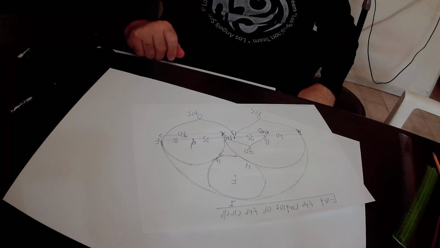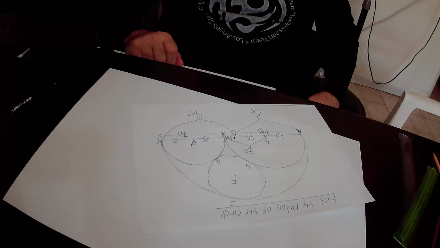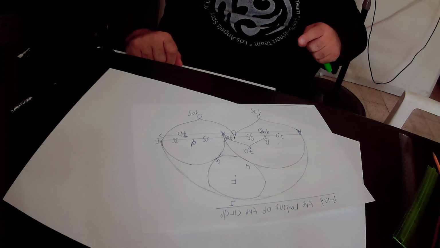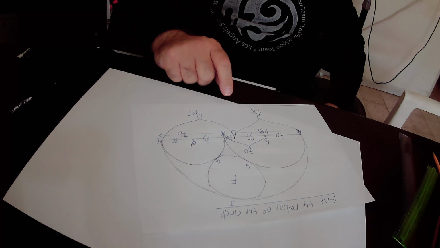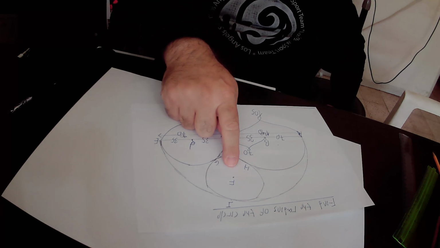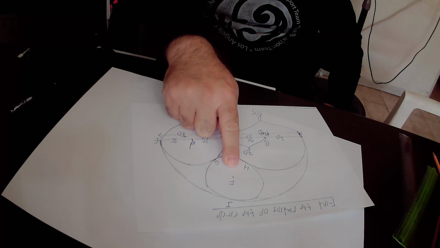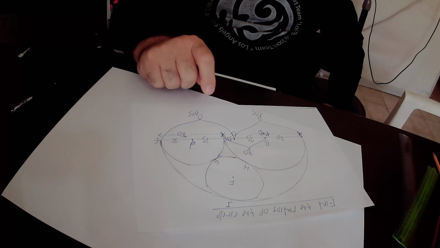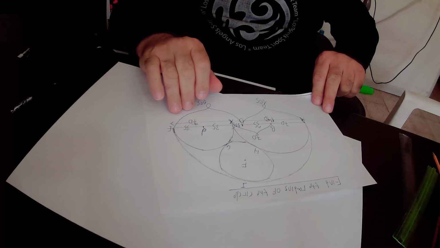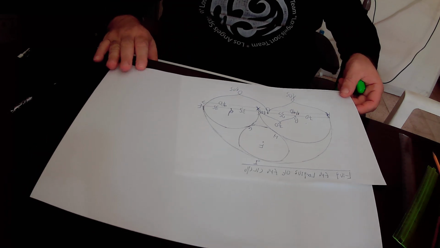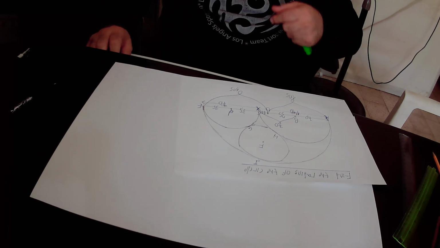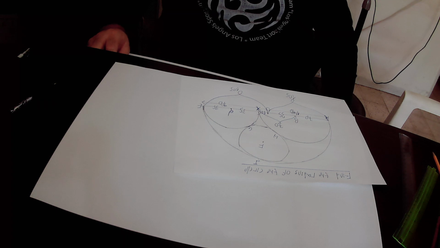In the next step, we will define R as the radius of this small circle, and I will present to you two new rules, and we will implement the two new rules in our drawing.